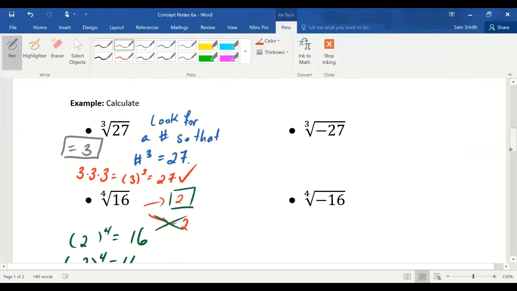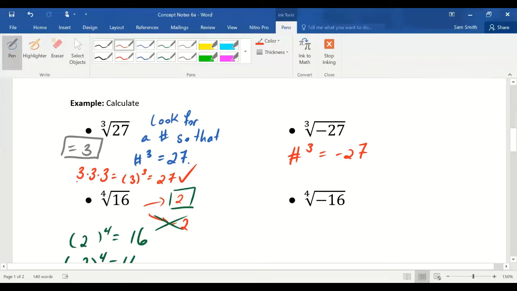So let's just do a few more examples here. Let's consider what would happen if we had a root with an index of 3 and a radicand of negative 27. Can you think of a number whose 3rd power is negative 27? Now, I think in order to get an odd result, I'll need to start with an odd number.